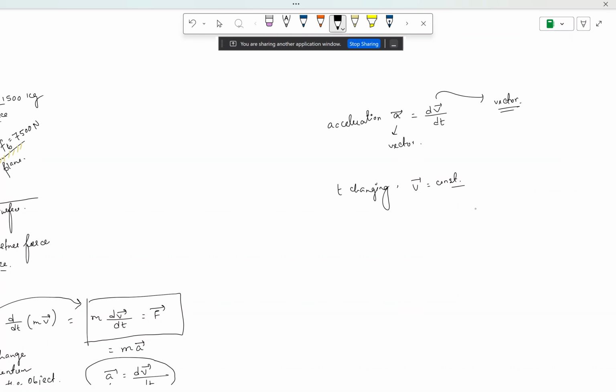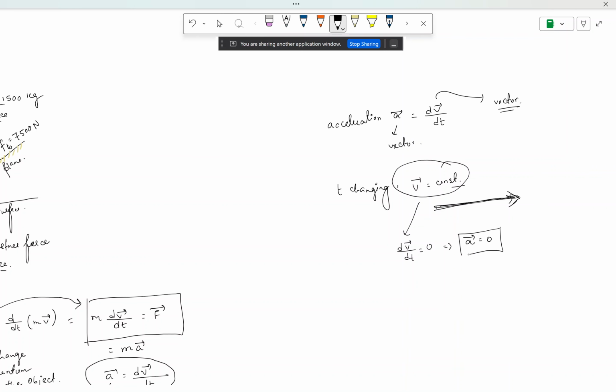If the train is moving in a straight line, its direction is not changing, so the velocity vector's direction is constant, and its speed, the magnitude of the velocity, is also constant with time. So the whole velocity vector is constant. Then dv by dt, the rate of change in velocity with time, will be 0. That means your acceleration vector will be 0.